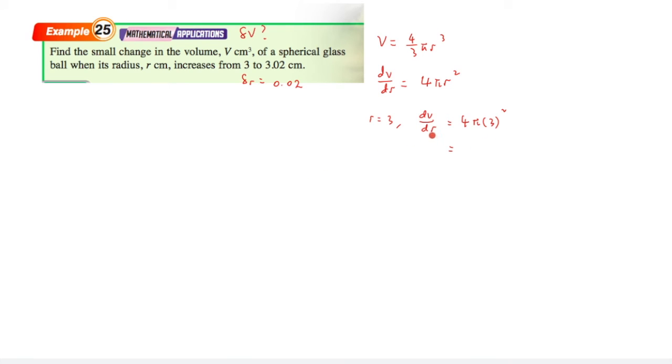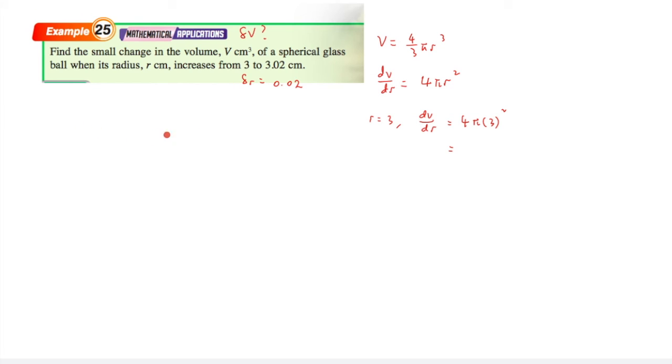So you found dV dr, and you also have delta r as 0.02. From now you can find the small change delta V.